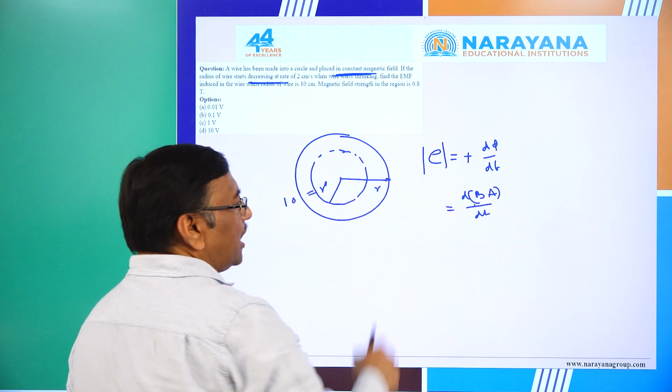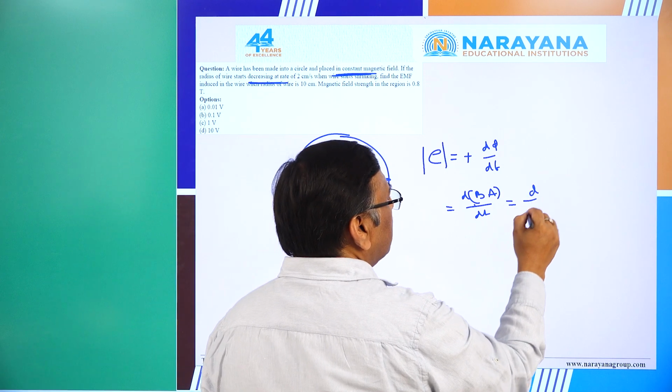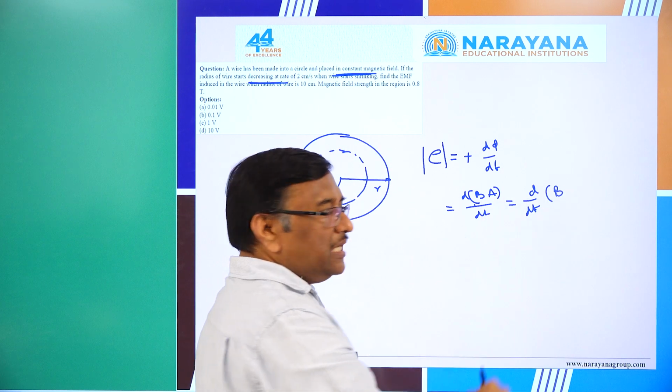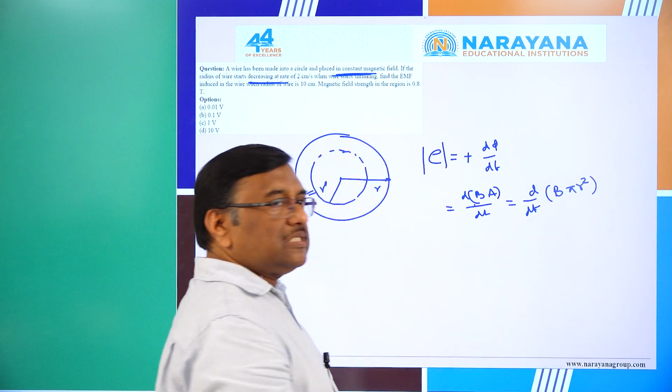Area at any instant of time is going to be, what are you writing, it is going to be d upon dt of B times pi r squared for this circle, and the magnetic field B remains constant, which is what the question says.